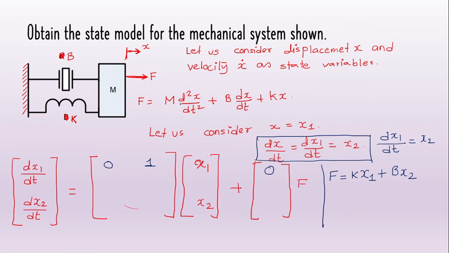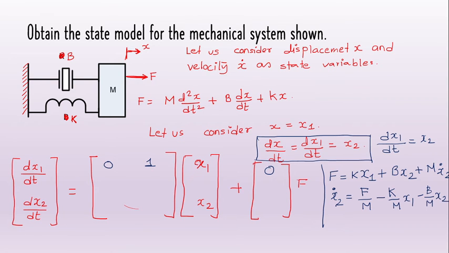And then this part will be x2 dot, so it will be m x2 dot. So x2 dot will be f by m minus k by m x1 minus b by m x2.